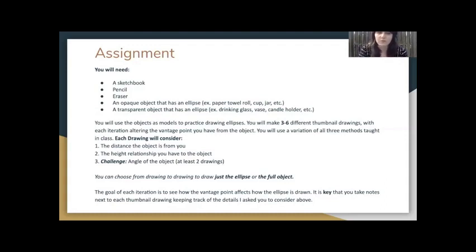And then what is extremely important is that we take notes, okay? Take notes for each of these objects. And what I want you to do for these notes, I want you to write the method that you used.